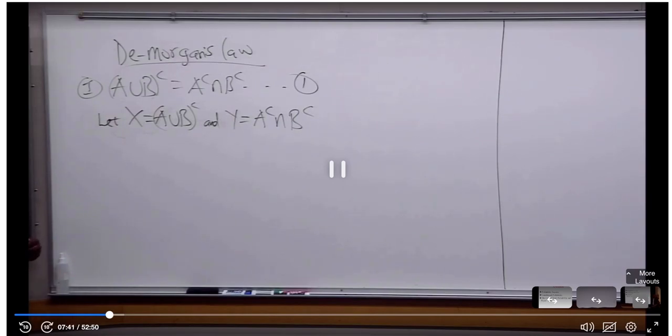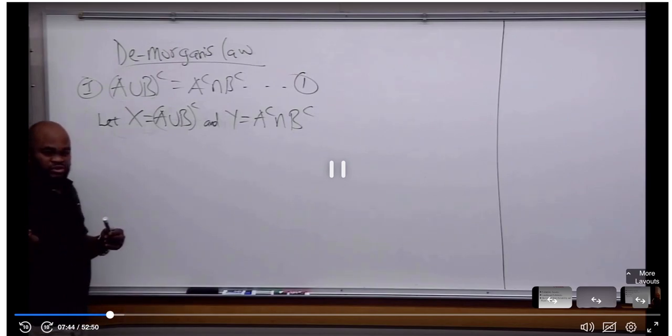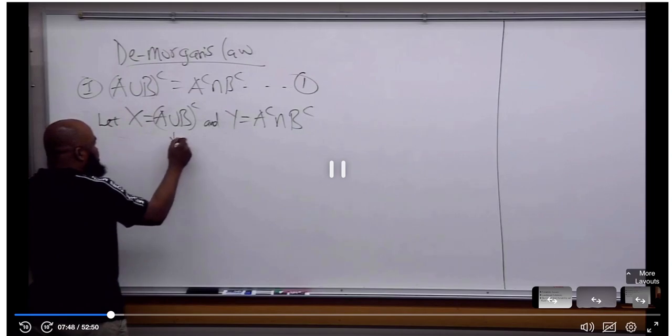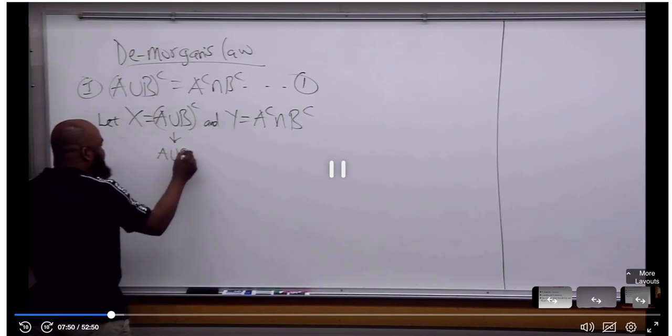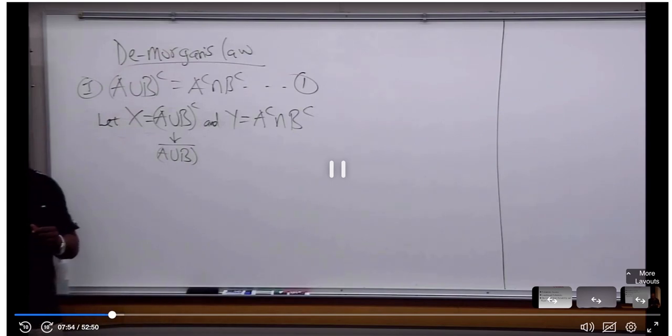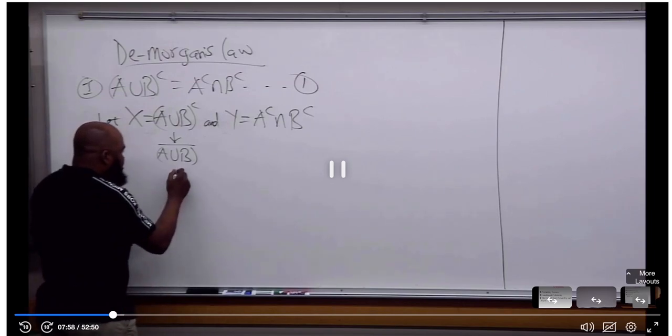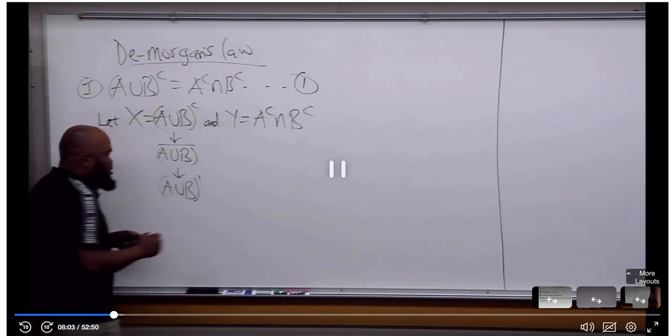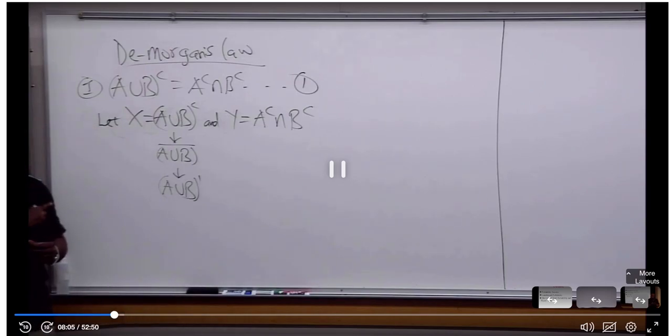In some textbooks, in fact, in the textbook you're using, this can be written, we can also write this as this. It's the same as the complement of all of that. You can also see this as this. I just want you to be aware of that. It's the same thing. Does that make sense?